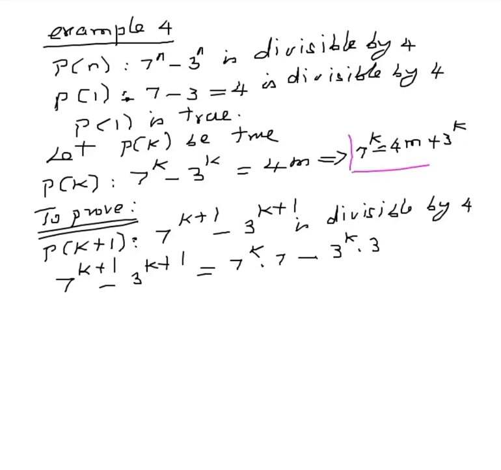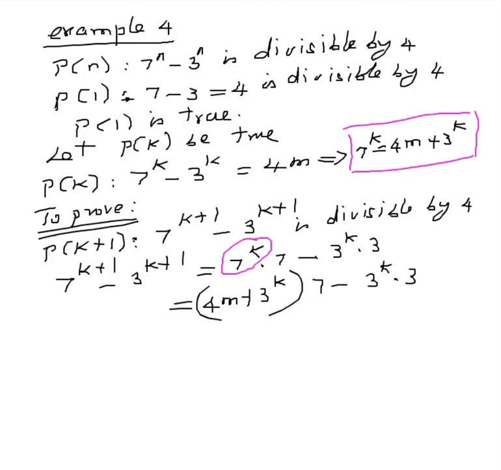Let us use this result to prove P of k plus 1, which is 4m plus 3 power k times 7 minus 3 power k times 3. Open the brackets, 28m plus 7 times 3 power k minus 3 times 3 power k.